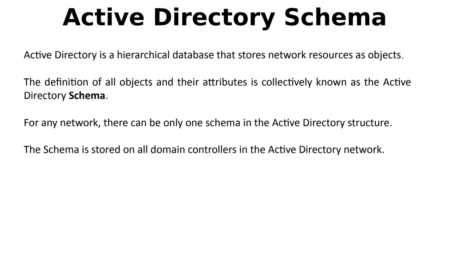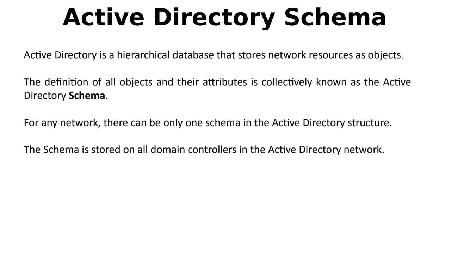Schema. Some people call it schema. Active Directory is a hierarchical database that stores network resources as objects. The definition of all objects and their attributes is collectively known as the Active Directory schema.